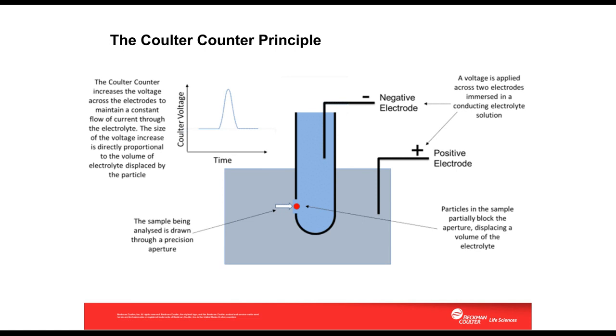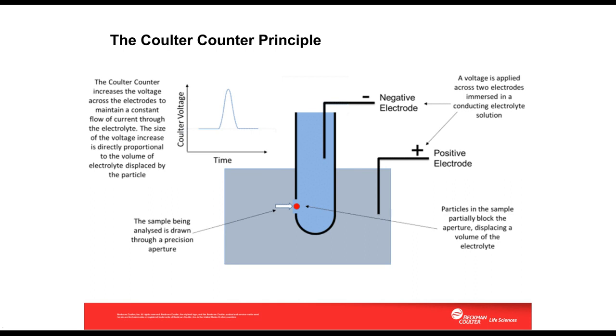In each case, well, certainly in light obscuration and laser diffraction, the imperfect method of using two-dimensional information to describe a three-dimensional object is bound to lead to variable results being reported, with further complications arising in samples containing heterogeneous mixtures of particles, i.e. a population of varying particle sizes. Now, in the Coulter counter, however, the particle's three-dimensional size is measured in terms of the volume of the particle.